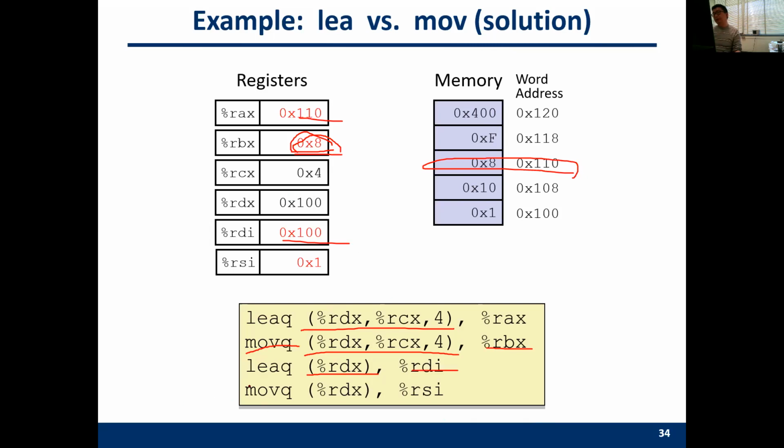And the difference between lea and mov is that mov actually reads the data in the main memory to the register files. So what does it mean? Since RDX stores 110, so the mov needs to actually read the data at the 110 address and write it back to this register. So it's just a 1 here.